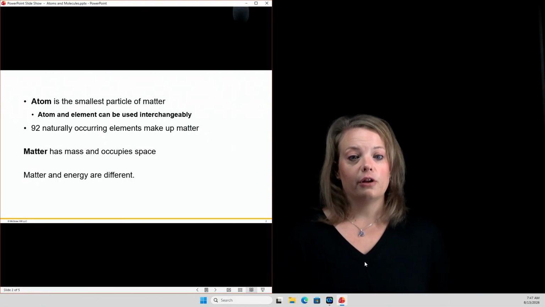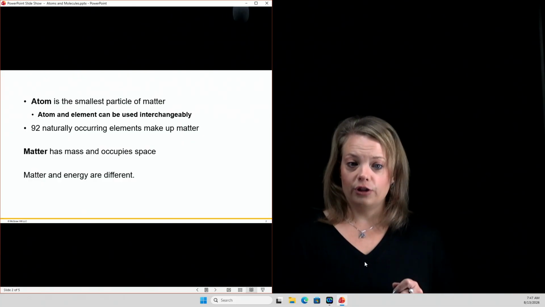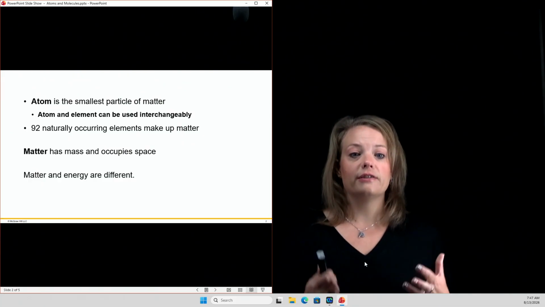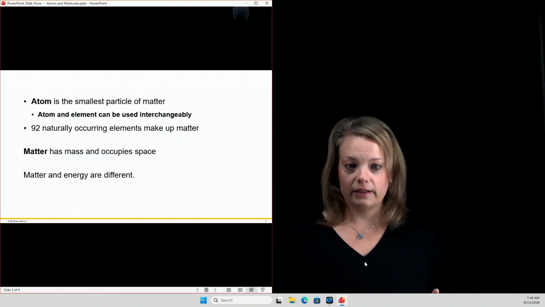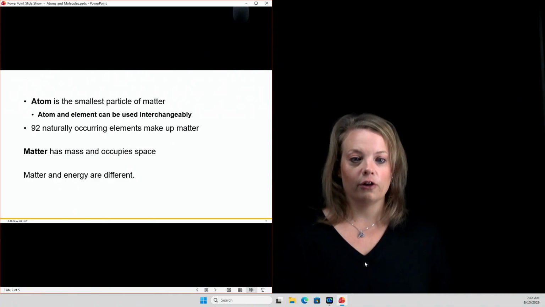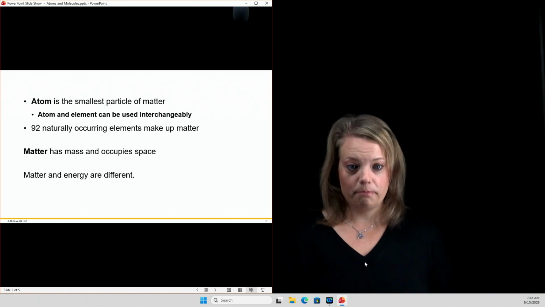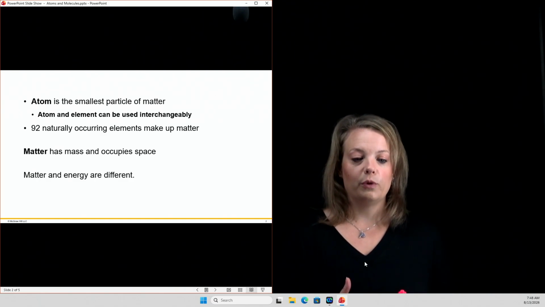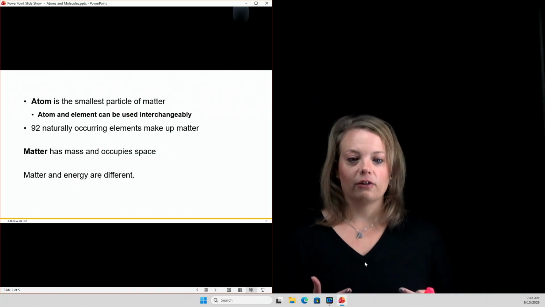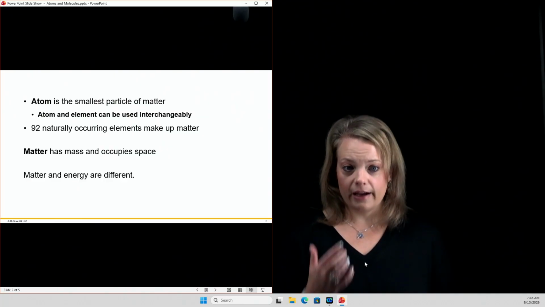I also wanted to note that matter and energy are different. Matter, again, is the physical parts of the universe, so anything that has mass and occupies space. Energy, however, is a property of matter. We usually talk about matter as solids, liquids, and gases.